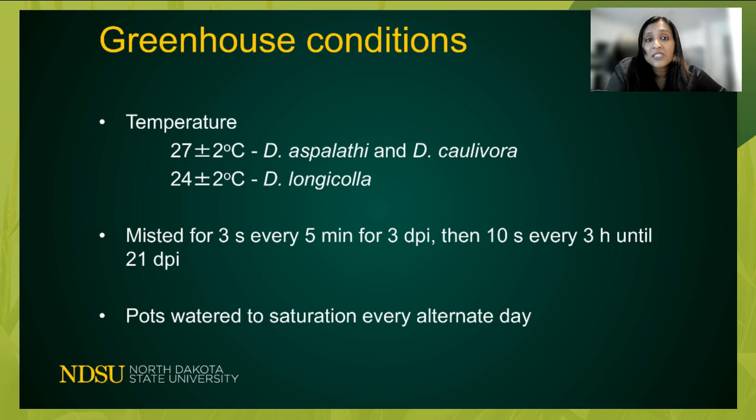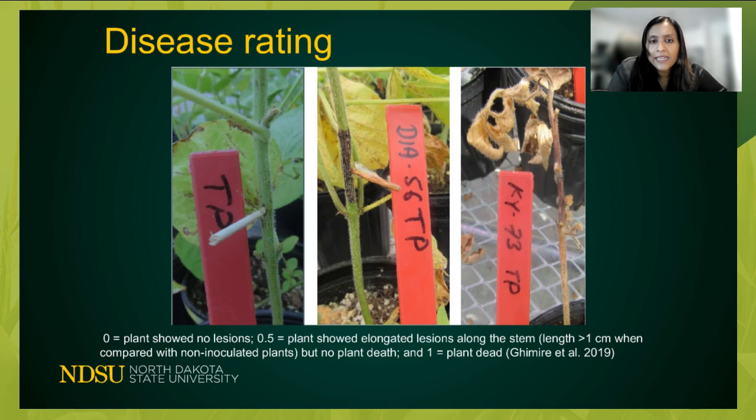Because of these temperature differences, the experiments were conducted independently. Moisture is a key requirement for disease development, so we misted the soybean plants after inoculation, and then we saturated the pots, meaning we watered the plants every alternate day.